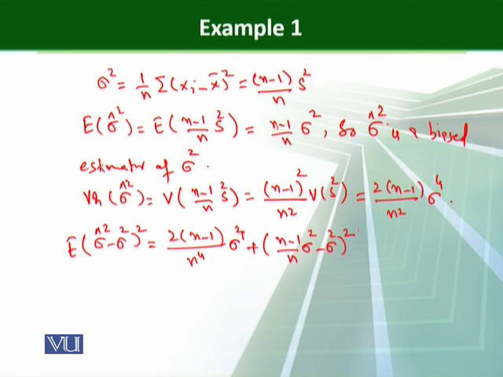When we evaluate it, that gives 2n minus 1 over n square into sigma raised to power 4.